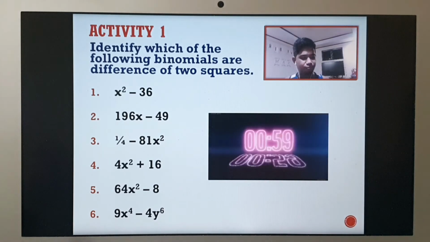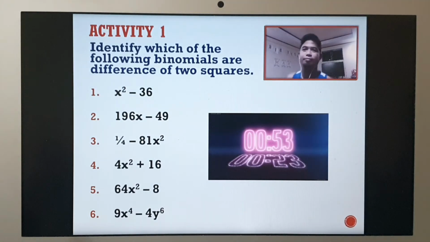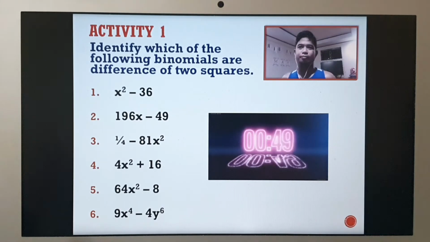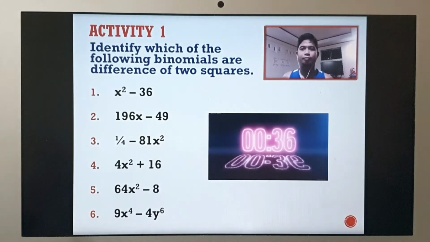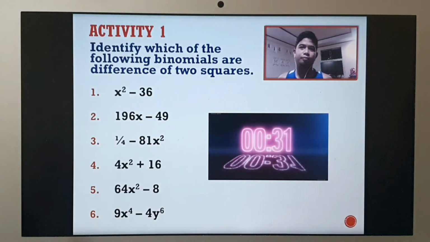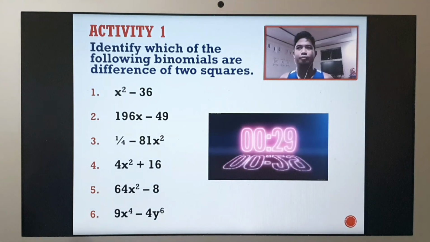T minus 1 minute. T minus 50 seconds. T minus 40 seconds. T minus 30 seconds.